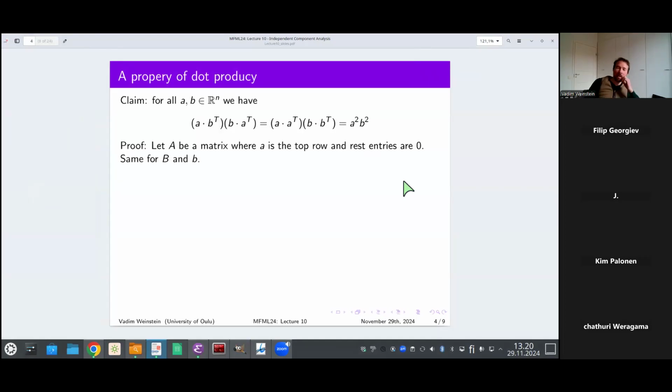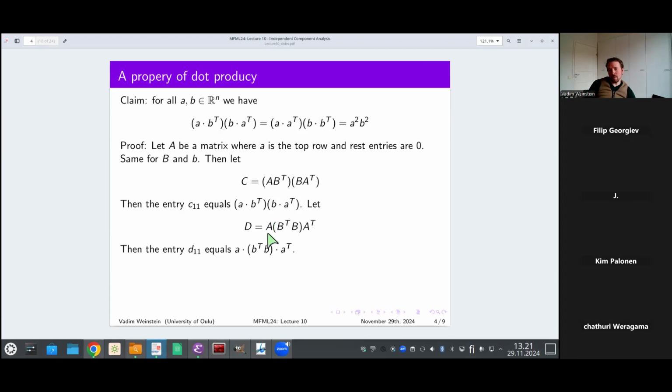Proof. Put them in a matrix: take the vector A and make a big matrix A where the small a is just the top row and the other entries are 0. Do the same for B. Now if we compute this product C of these matrices, then the leftmost topmost element of that matrix is going to be the left side of this equation.